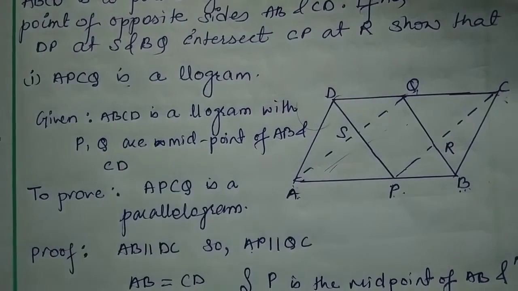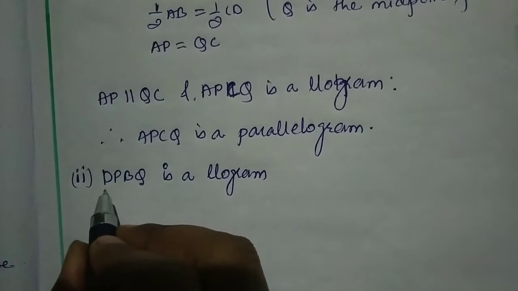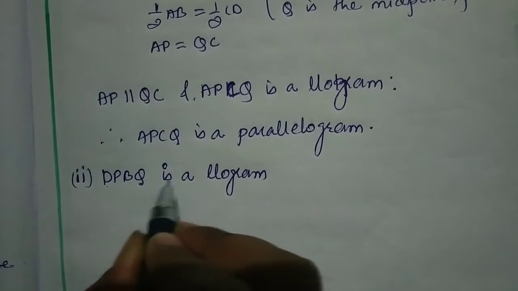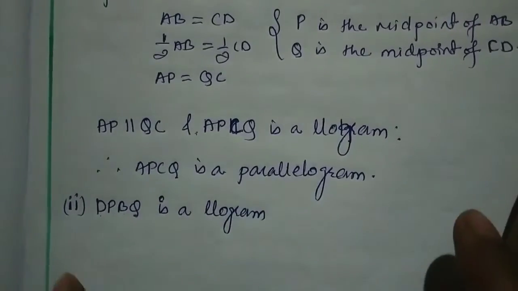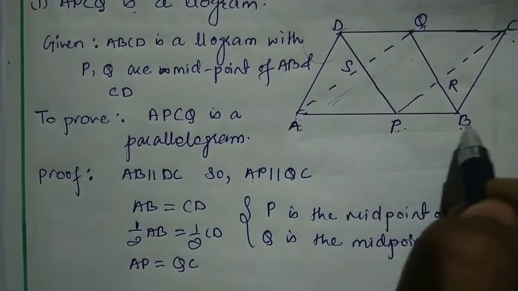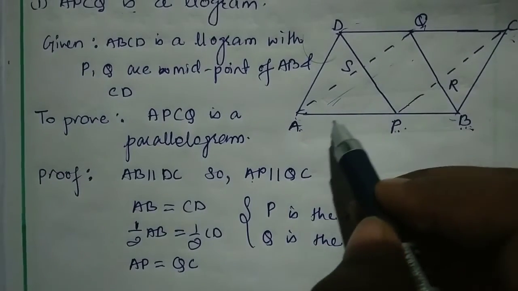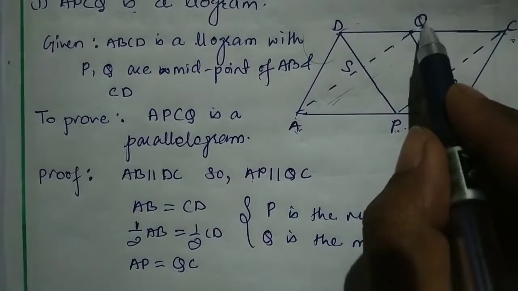Now we need to prove that DPBQ is a parallelogram. In the first part we proved that APCQ is a parallelogram.